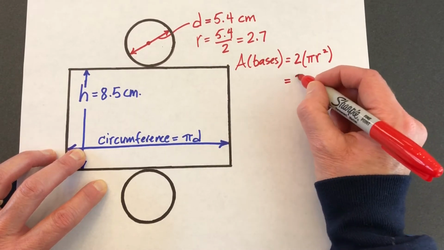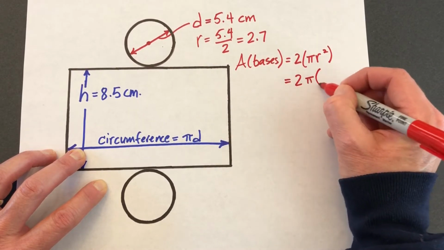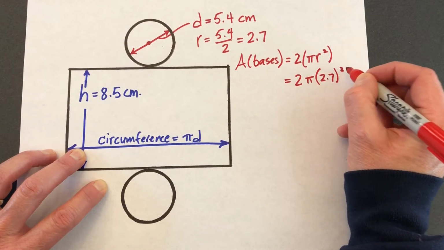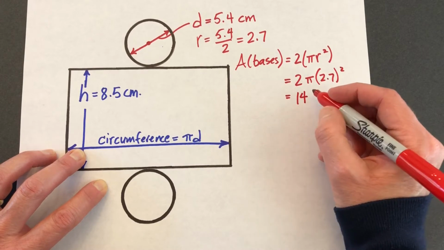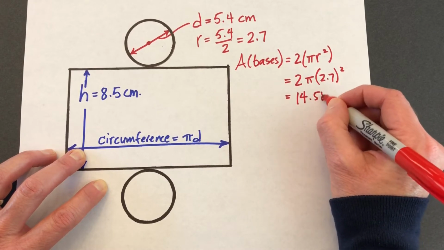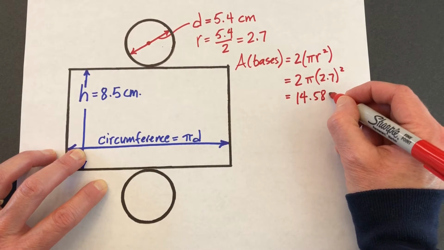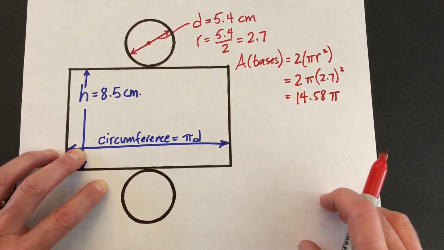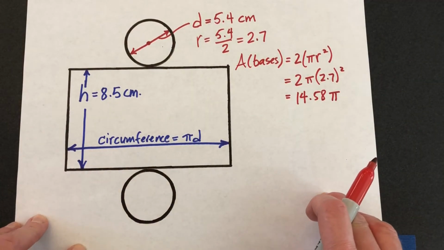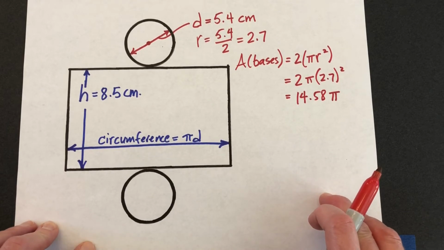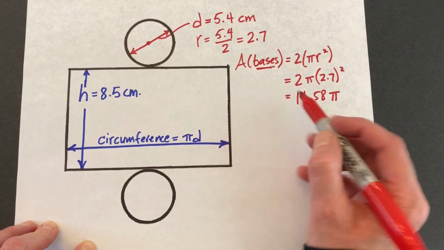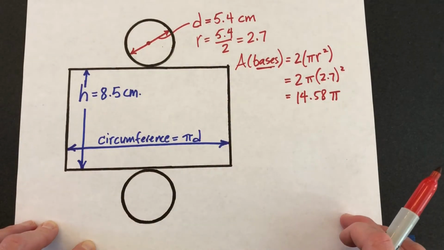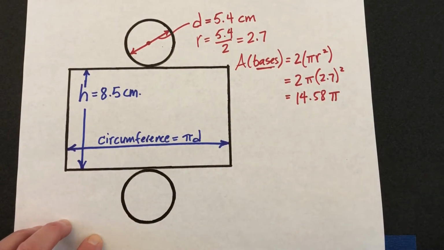So I've got 2 times pi times 2.7 squared, which gives me an area of 14.58, and I'm going to leave pi in the answer for right now. We'll put that into our calculator right at the very end. But the area of the bases, both of them together, is 14.58 times pi square units.